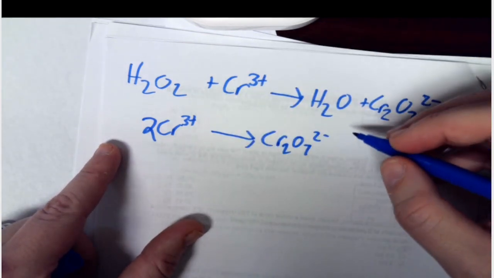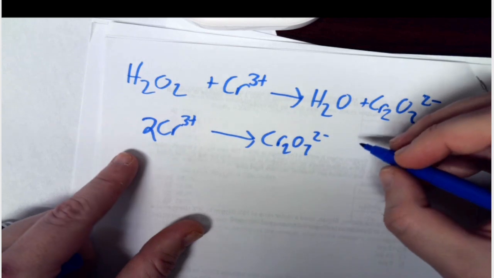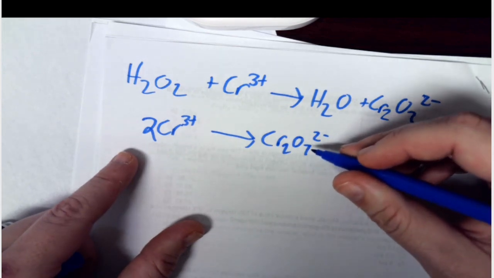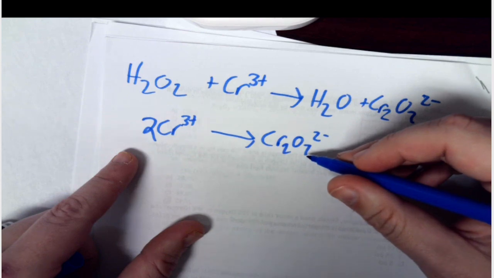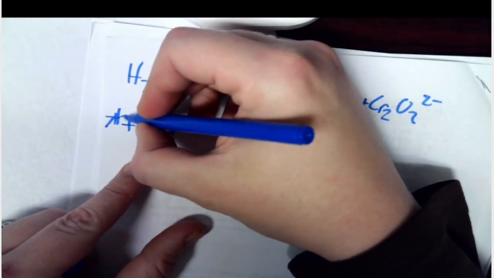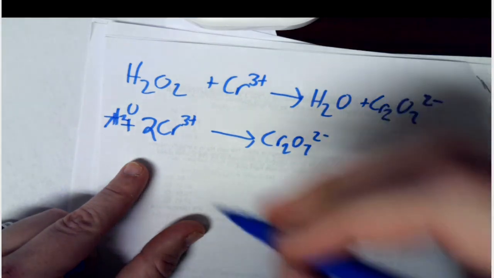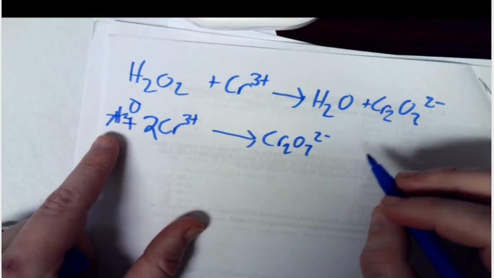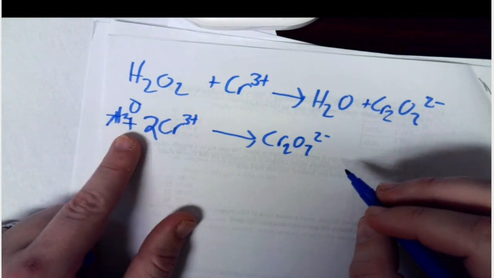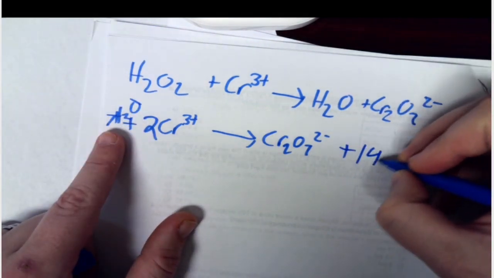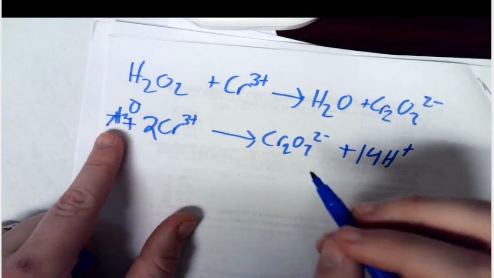Step 3, well, we have 7 oxygens on the right, so we need 7 waters on the left. That means we're going to have 14 hydrogens on the left, so we add 14 hydrogens on the right.